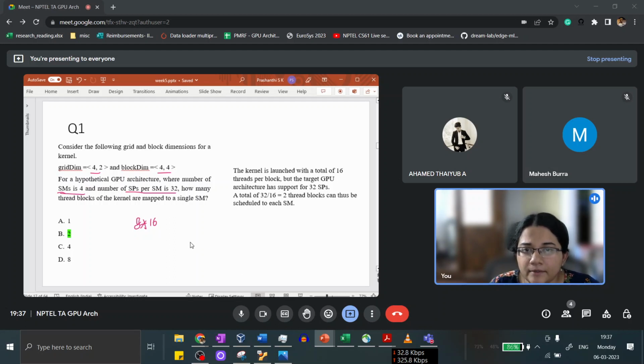So your total number of blocks is 8, and the number of SMs is 4. So if you had to distribute these 8 blocks across your 4 SMs, you would give 2 thread blocks to each SM, assuming that this SP calculation worked out fine, right? So that's how the answer comes out to be 2.